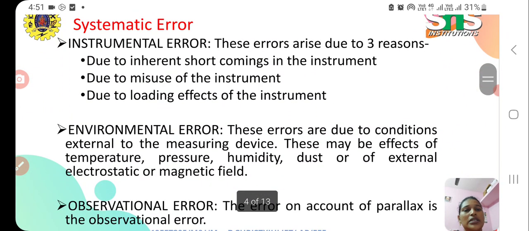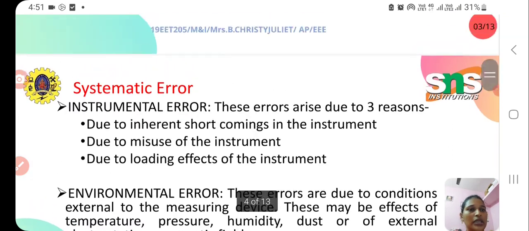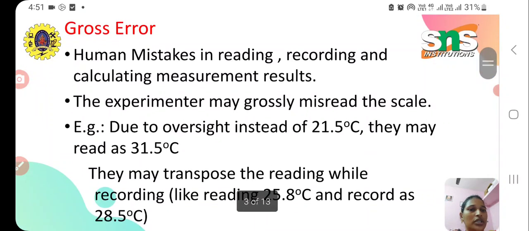The next gross error made by humans is that whenever we take a reading from a measuring device, we have to stand in front of the device and take the reading. I observed in labs that when students take readings, they take them from a side view.